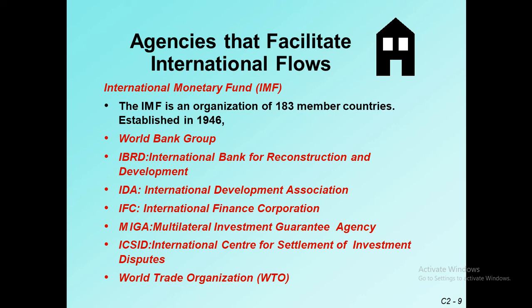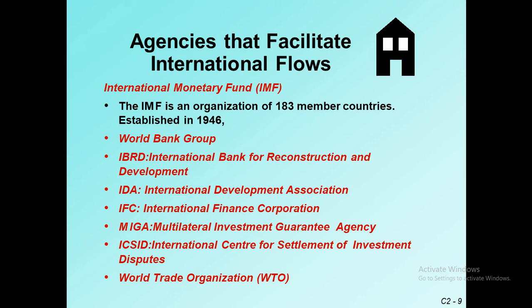The next is the World Bank Group, established in 1944. The group assists development with the primary focus of helping the poorest people and the poorest countries. This is the main aim of the World Bank Group. They provide assistance to the poorest countries.